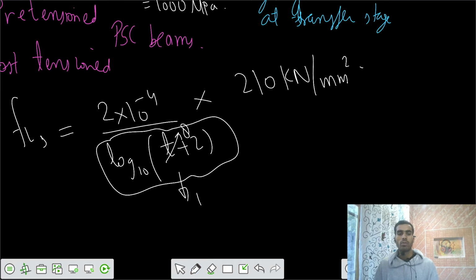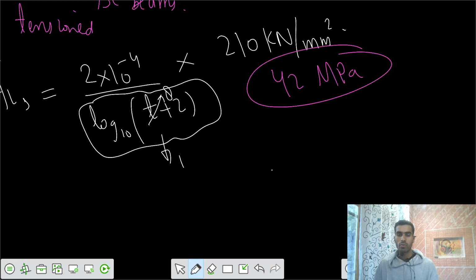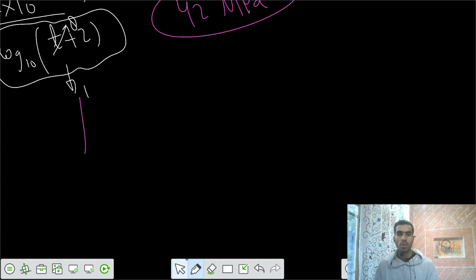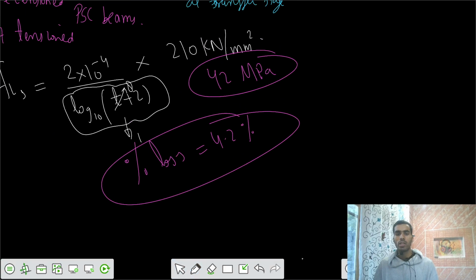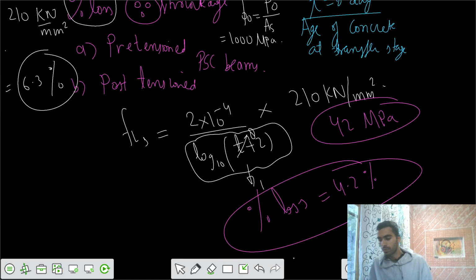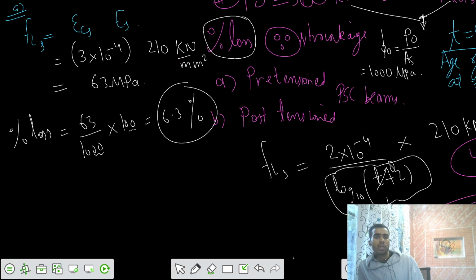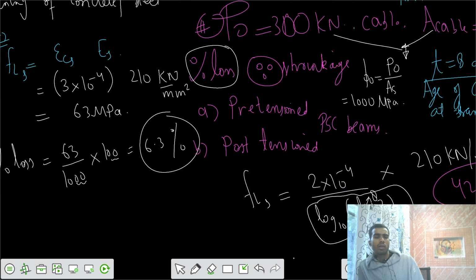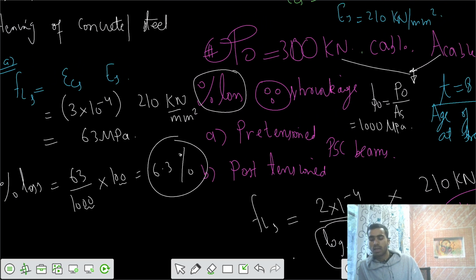The final loss of stress would be 42 megapascal, so your percentage loss is 4.2%. Out of the initial prestress, you are losing 4.2% of the stress. So the shrinkage loss is more in pre-tension beams, because the shrinkage is more there.